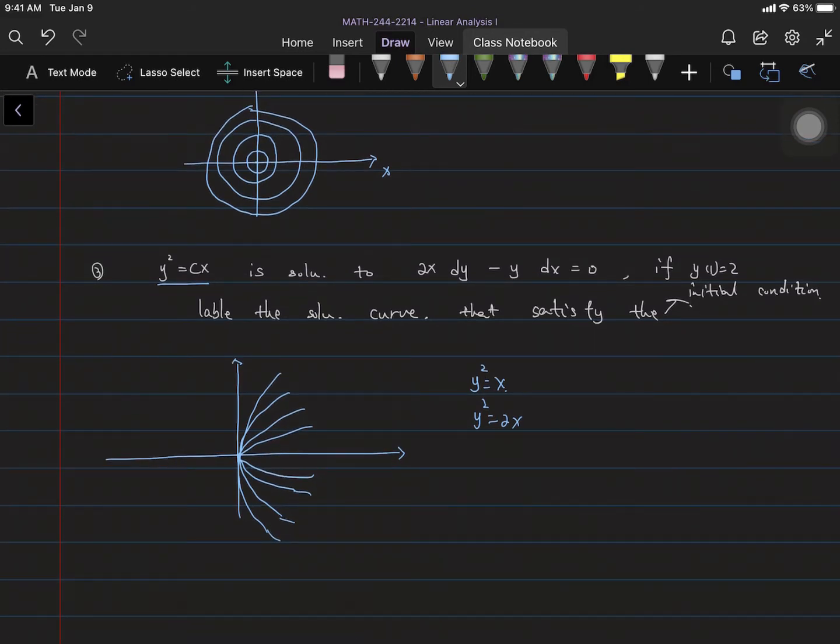We plug in this initial condition into that. So y(1) equals what? C times 1, which is C, and it is given by 2. So that means C equals 2. y squared equals 2x, and this is the solution that satisfies the initial condition. And if this is y equals x squared, this is y equals 2x squared. Okay, then that is this curve. Then this is the curve we want.